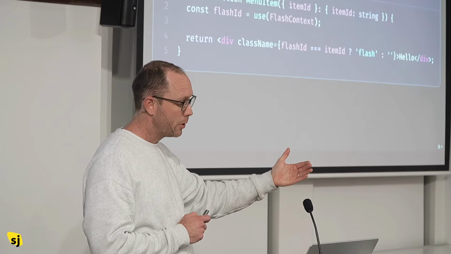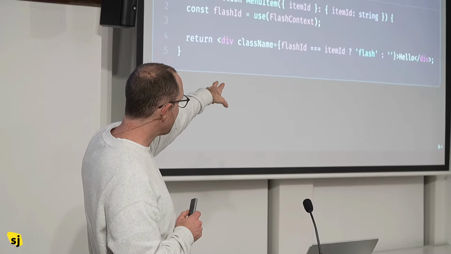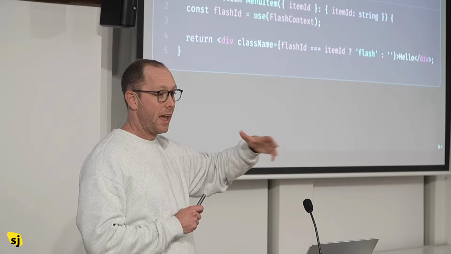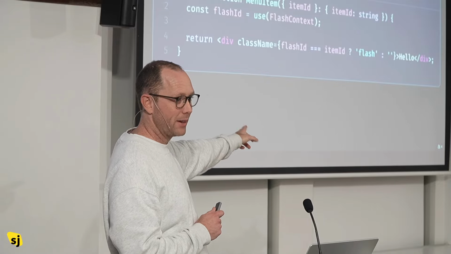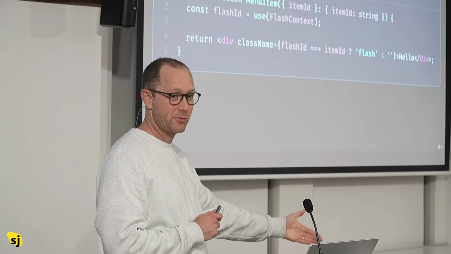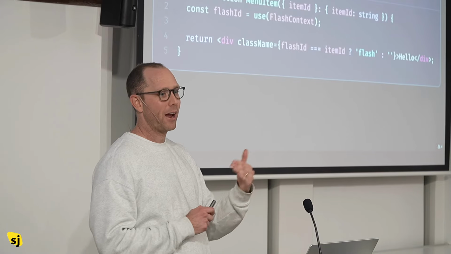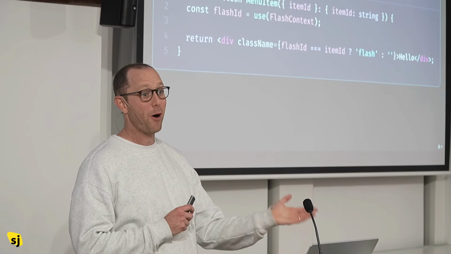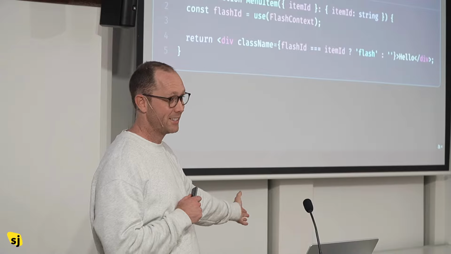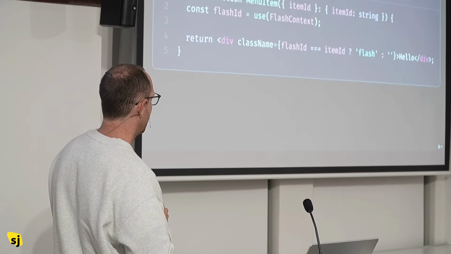Because if we don't, the trouble is, let's say you were dragging item A, it flashed, and then you did it again, flash ID would still be item A. And so you're not going to get that reflash because it was already set. I've seen this before, right? You set a prop in context, you let it go, and then maybe in an effect you basically unwind it and do another render to clear it, which is not great.